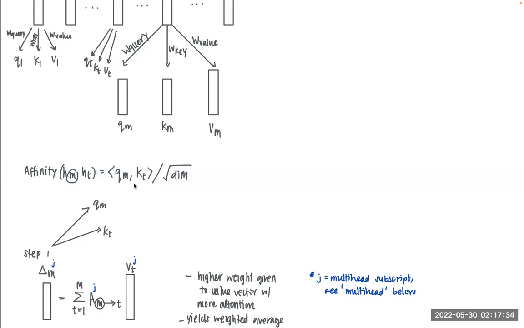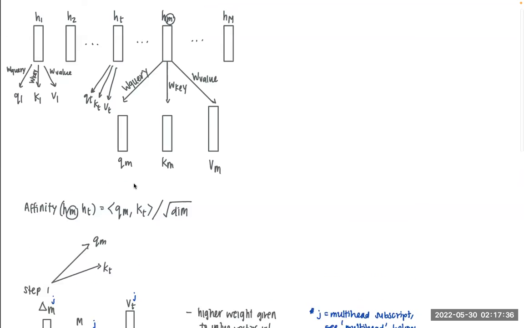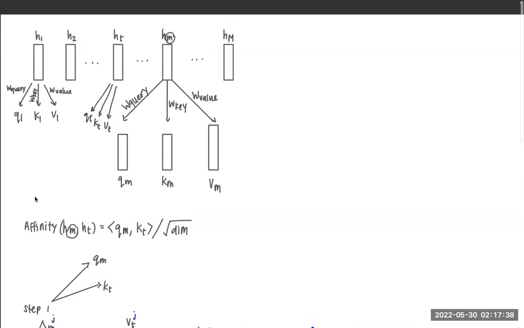Now let's go back to this attention. So attention is based on the softmax of the affinity score, and this affinity score is computed by this inner product. And potentially, if you use higher dimensional vectors, then this inner product will be bigger, right? So you want to normalize it.